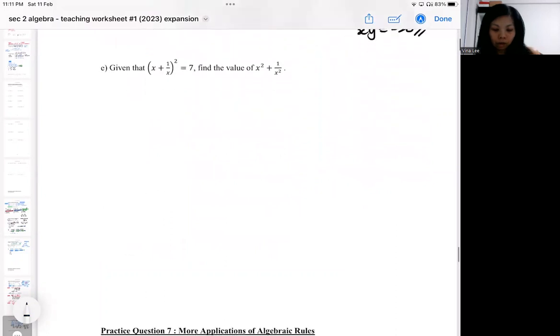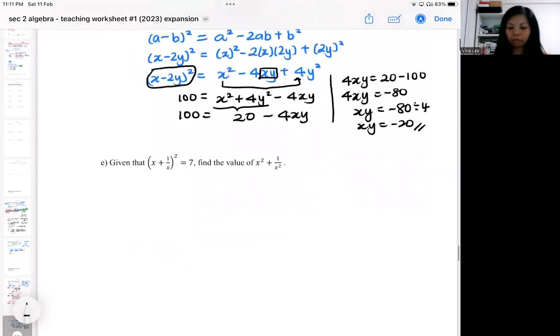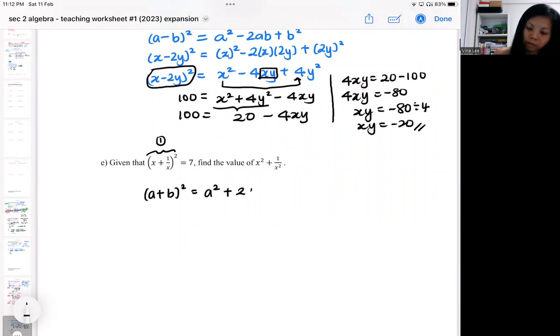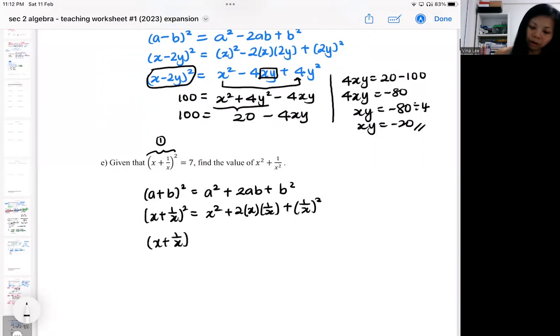Okay. Now this one is like an exam question. So this part here looks like Formula 1. So I'm going to guess that it looks like Formula 1. And I'm going to apply Formula 1 on this expression. So I'm going to apply the formula and I'm going to simplify properly.